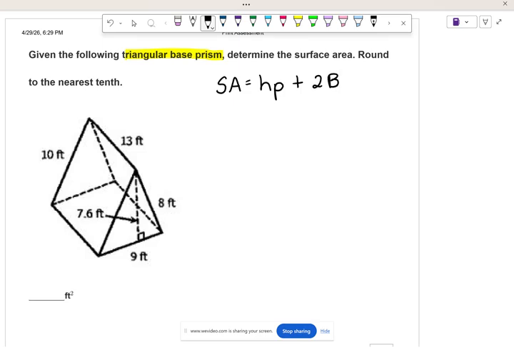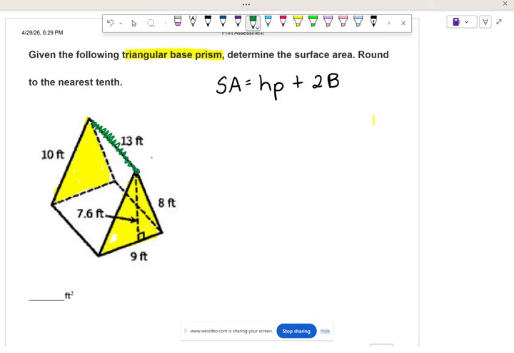The height of the prism is the segment that connects the two triangles together. So let's find the two triangles. Here's one triangle up here, and here's a congruent triangle in the front. Those are our bases.